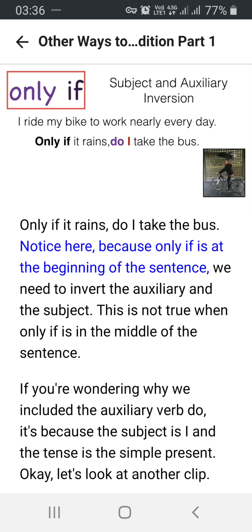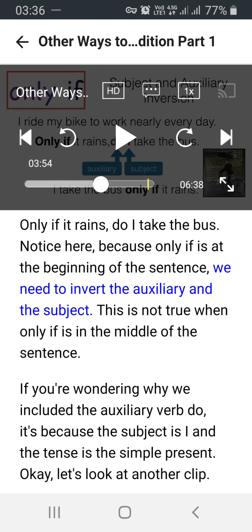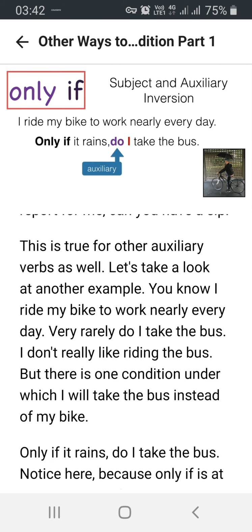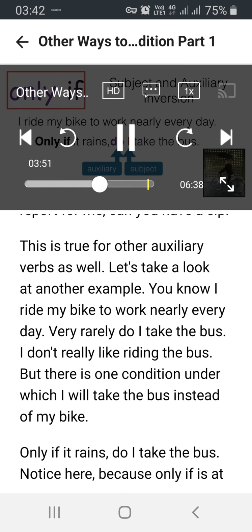Notice here, because only if is at the beginning of the sentence, we need to invert the auxiliary and the subject.